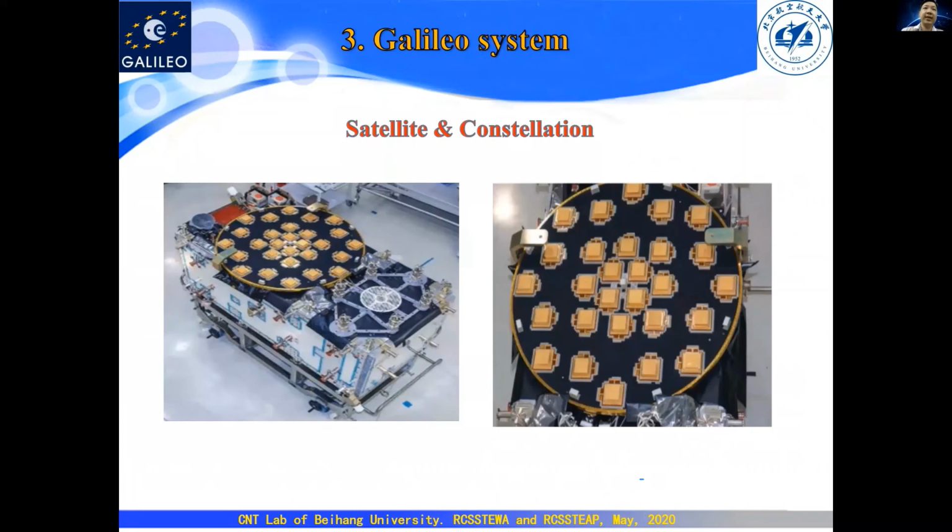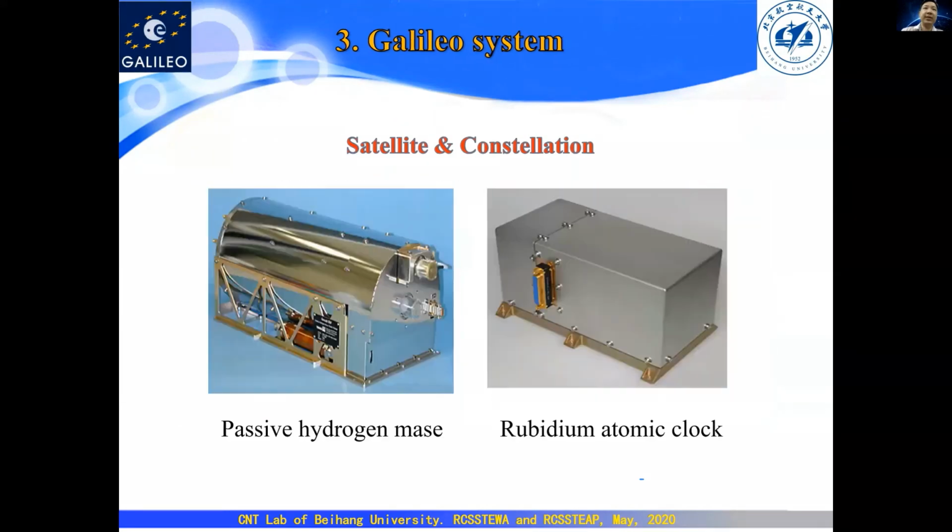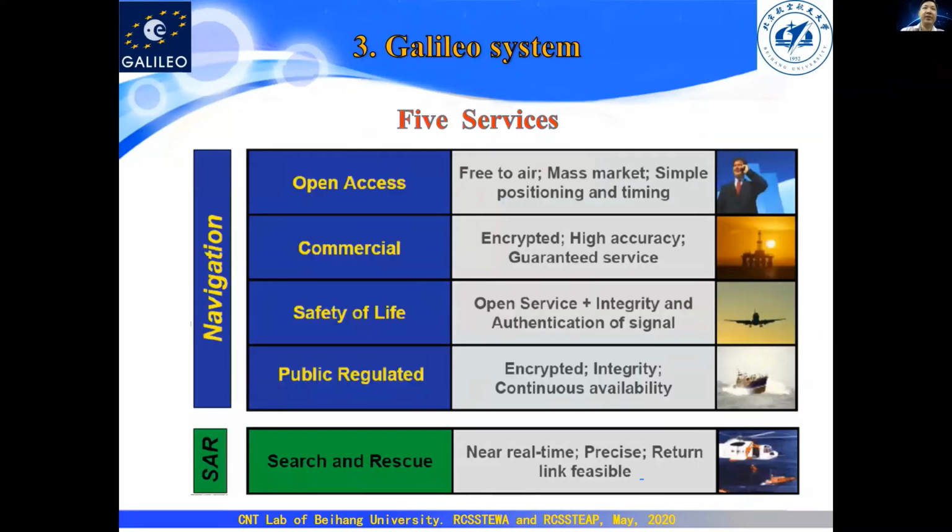This is a picture of a satellite in the constellation. This is the hydrogen atomic clock and the rapid atomic clock. They provide 5 services. The first is open access, the second is commercial, and then encrypted and safety of life, 5 different services.